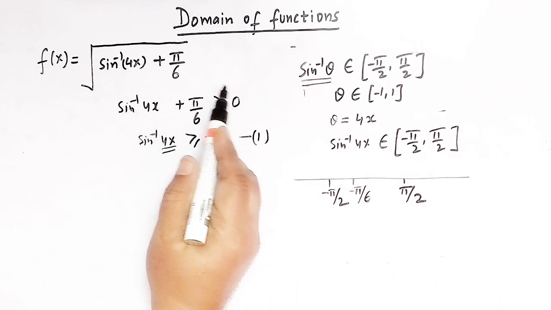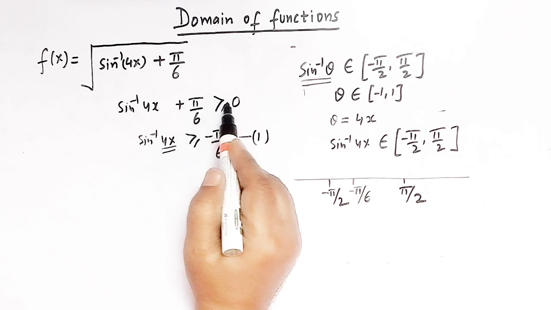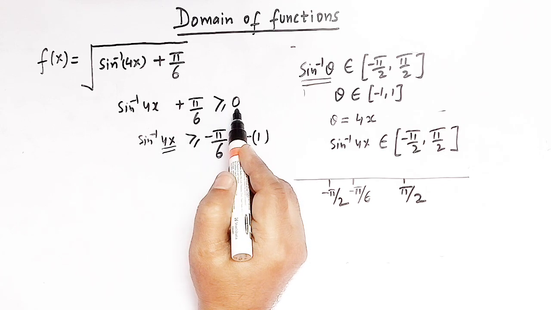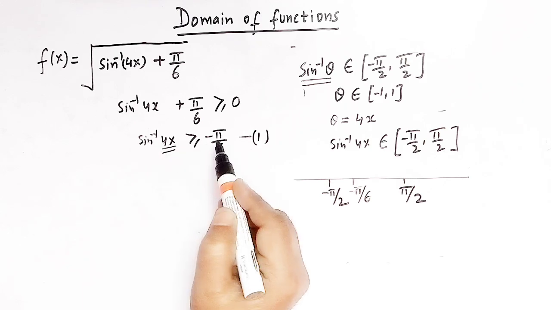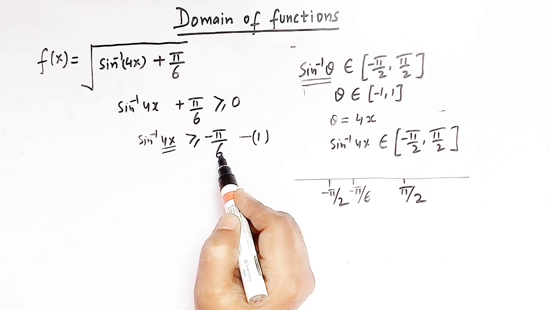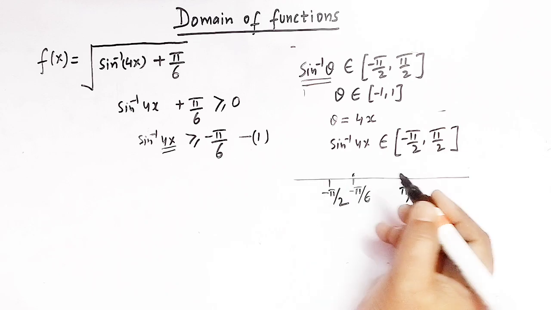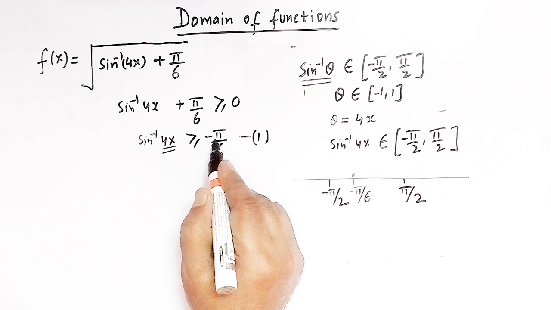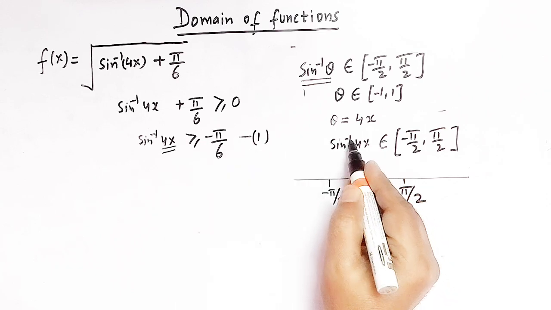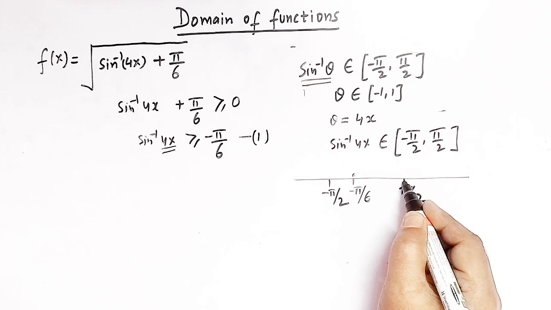And to fulfill the condition that sine inverse 4x plus pi by 6 should be greater than or equal to 0, sine inverse 4x should be greater than or equal to minus pi by 6. So here the minimum value of sine inverse 4x should be minus pi by 6, and sine inverse 4x can go up to pi by 2, right?